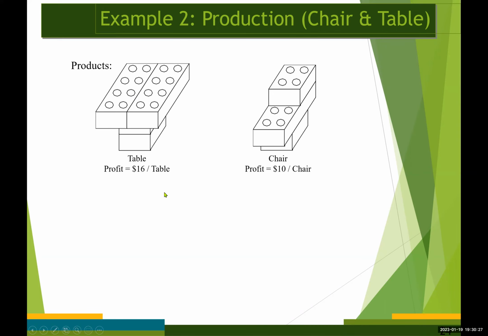The profits are expected to be $16 for each table and $10 for each chair. As you can see here, each table uses 2 large bricks and 2 small bricks, and each chair uses only 1 large brick and 2 small bricks.